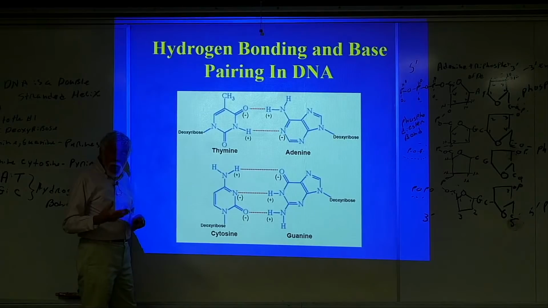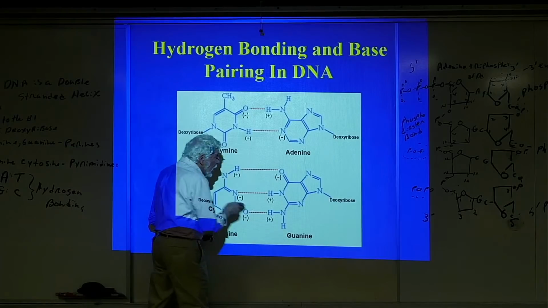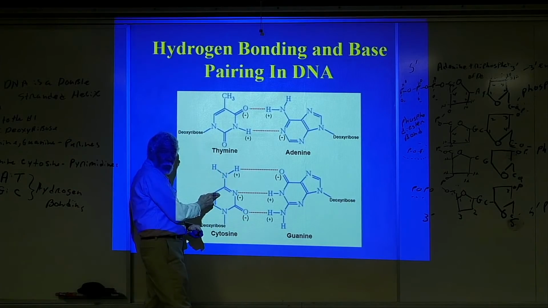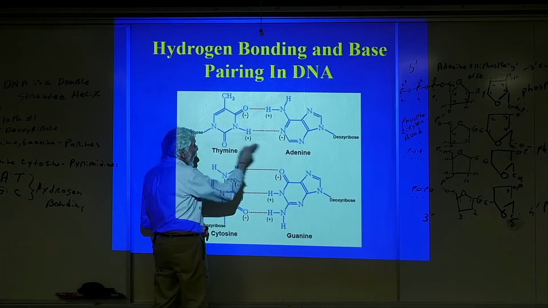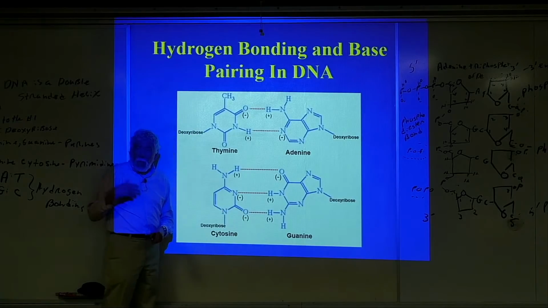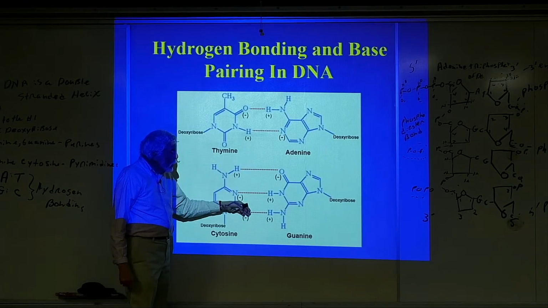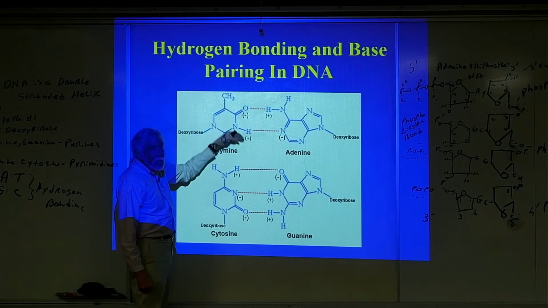And they found that when they had strands that were predominantly cytosine to guanine, it took more energy to melt those bonds than it took to melt the adenine to thymine bonds, because there were only 2 as opposed to 3. So that gave them an indication that these cytosine to guanine hydrogen bonds were stronger than the adenine to thymine.